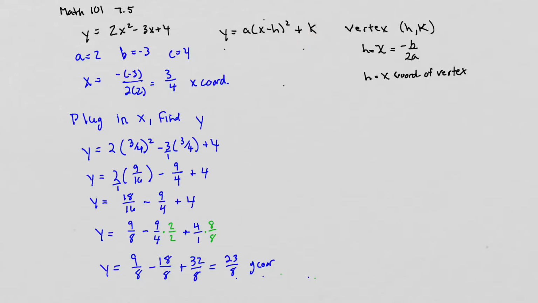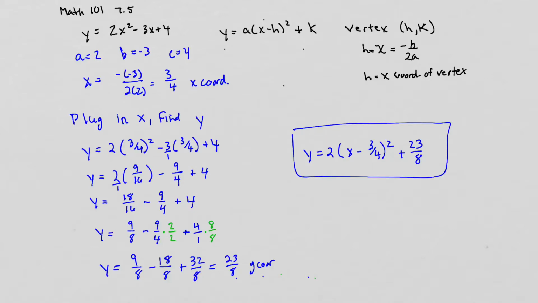So let's write that all down. y equals 2 times (x minus the h, which is 3/4) squared, plus k, which is 23/8. So now you have completed putting this parabola into standard form.